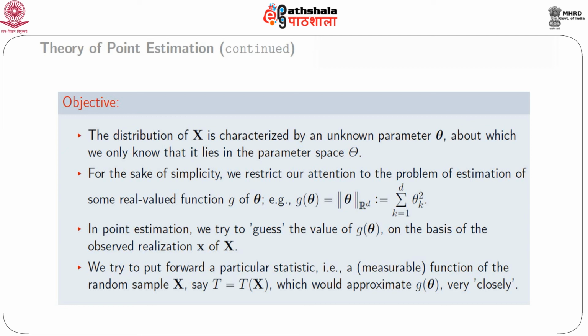In point estimation, we try to gauge the value of g theta on the basis of the observed realization x, small x, of the vector capital X. We try to put forward a particular statistic, that is a measurable function of the random sample x vector, say capital T equals T of x, which would approximate g theta very closely.